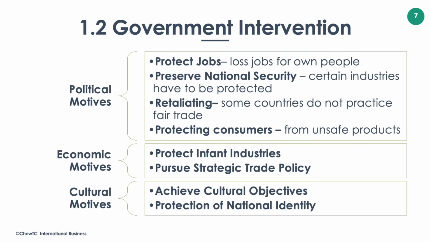For the economic motive, the infant industry argument is by far the oldest economic argument for government intervention. According to this argument, many developing countries have a potential comparative advantage in manufacturing.